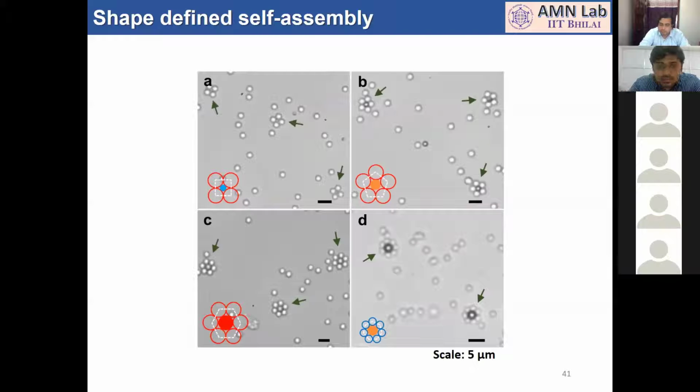Once we know how to control the size of the structure, the shape can be further controlled by choosing the size ratios of the nanomotor and the surrounding particles. And we can form different shapes like a square, pentagon, hexagon, and heptagon, and so on. Here these shapes are defined by a very simple rule: how many particles can fit in a closed shell around a single nanomotor, that you can see here.